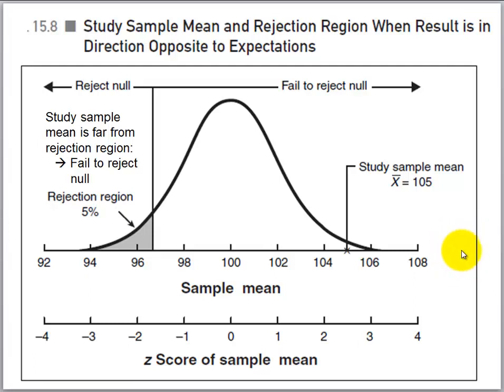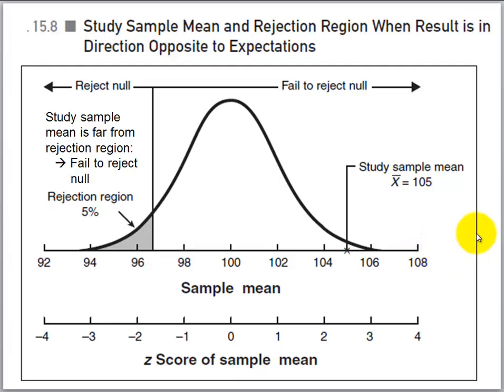So this is a conundrum. You know that a result such as this just doesn't occur by the luck of the draw, but you're stuck because you have a directional pair with the alternative in the wrong direction. You're stuck failing to reject the null. So pragmatically what you would do is you'd say, I goofed. I used a one-tailed test where I should have used a two-tailed test. Why should you have used a two-tailed test?